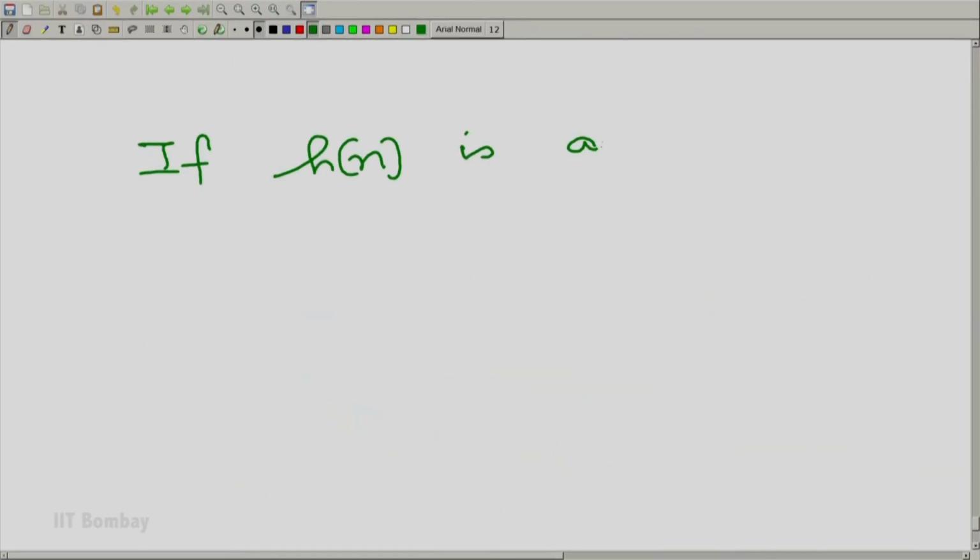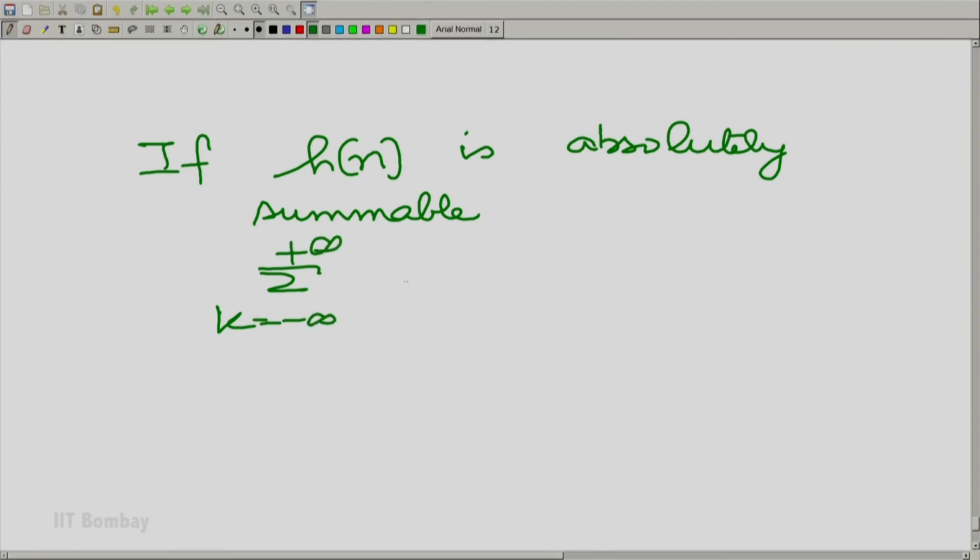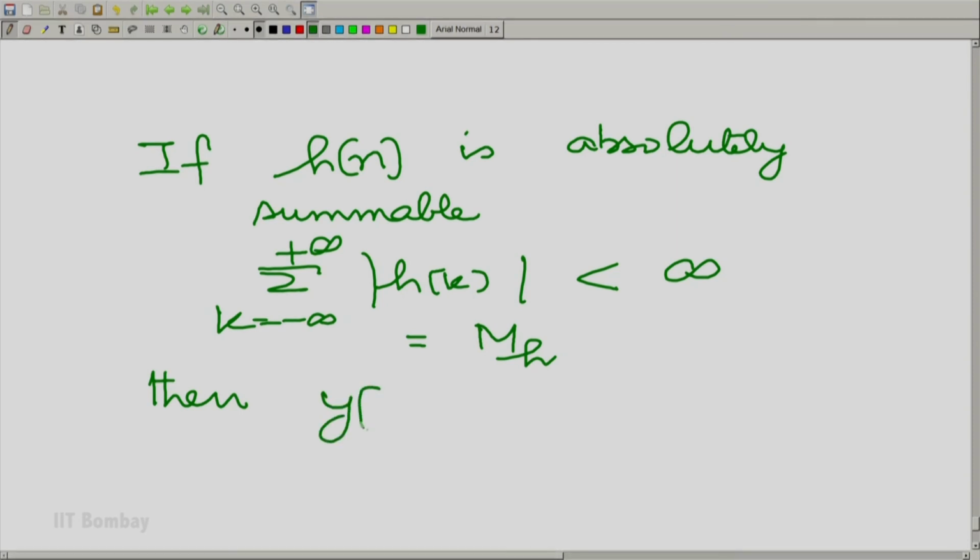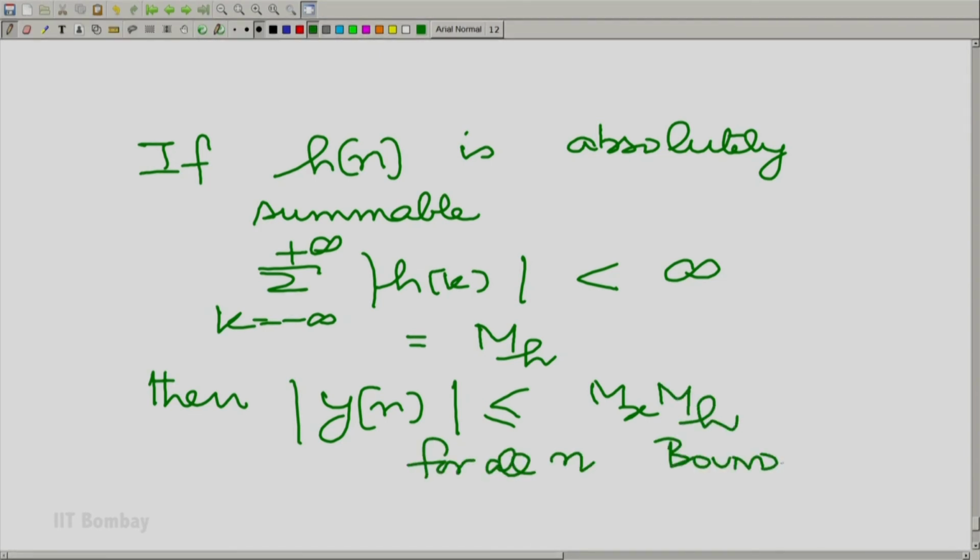If h[n] is absolutely summable, that is summation k going from minus to plus infinity mod h[k] is strictly less than infinity, and maybe you can call it equal to Mh, then mod y[n] must be less than or equal to Mx times Mh for all n, and hence bounded. So, this is a sufficient condition, but we now need to ask if this condition is necessary, and that we shall do in the next discussion. Thank you.